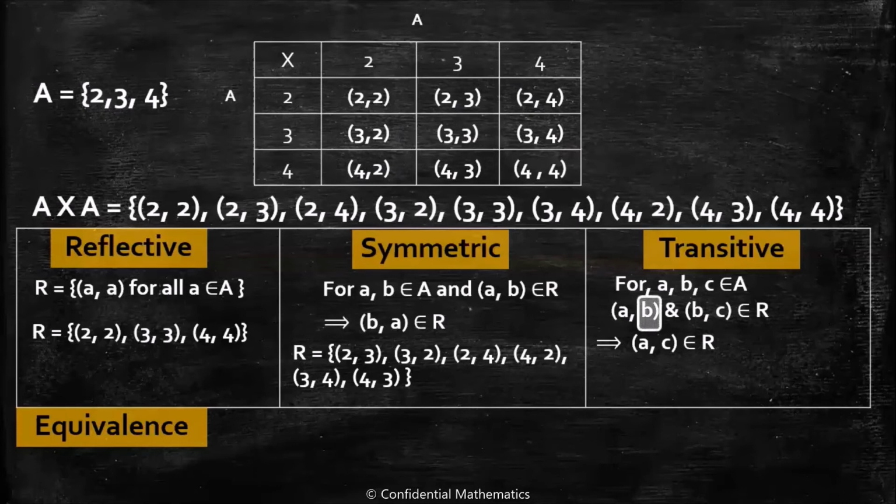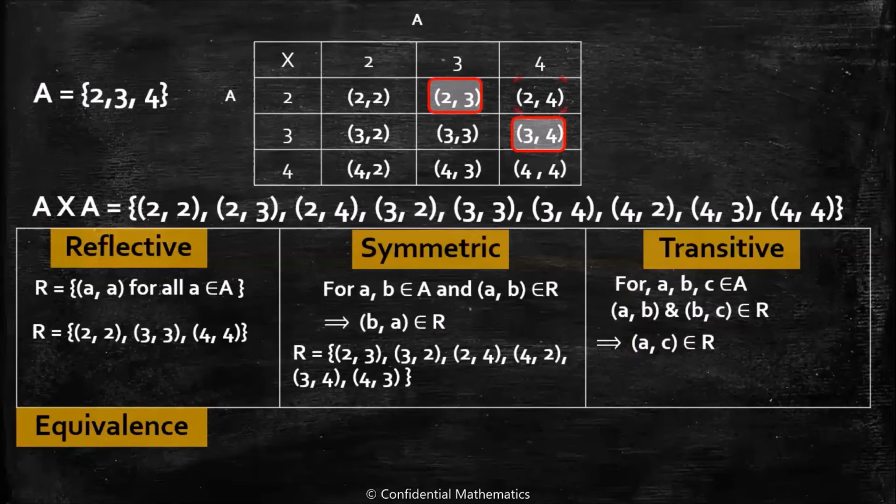Now, in the ordered pair A comma B, the second component is B, and in the ordered pair B comma C, the first component is B. If these two are equal, then A is related to C. It means the transitive relation. Now, in the example, in the Cartesian product, 2 is related to 3 and 3 is related to 4.